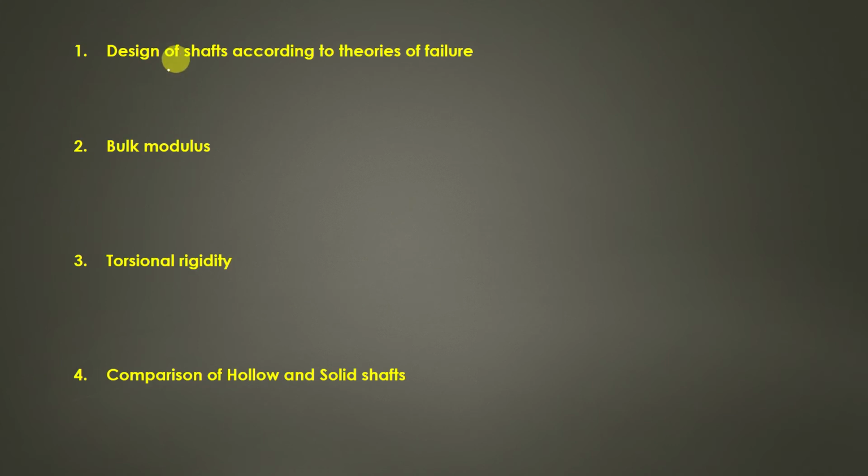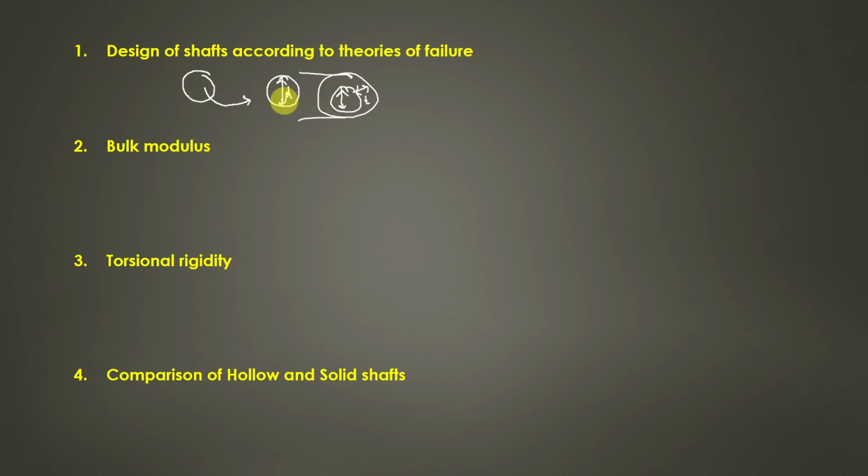Okay, design of shafts according to theories of failure. For the maximum shear stress or maximum strain energy, you need to find out what should be the diameter of the shaft, or if it is a hollow shaft, what should be the thickness, what should be the outer diameter, and what should be the inner diameter. These three parameters you need to find out in order to design the shafts.